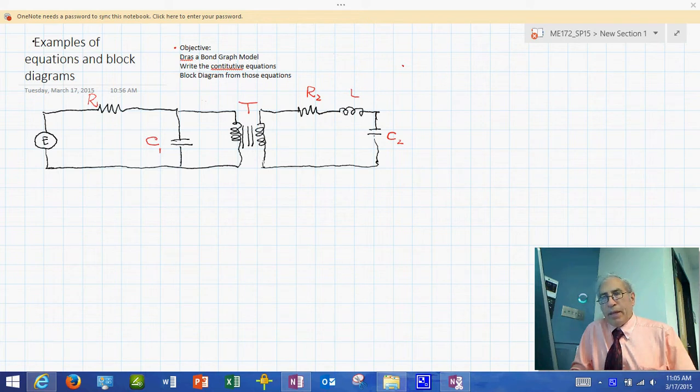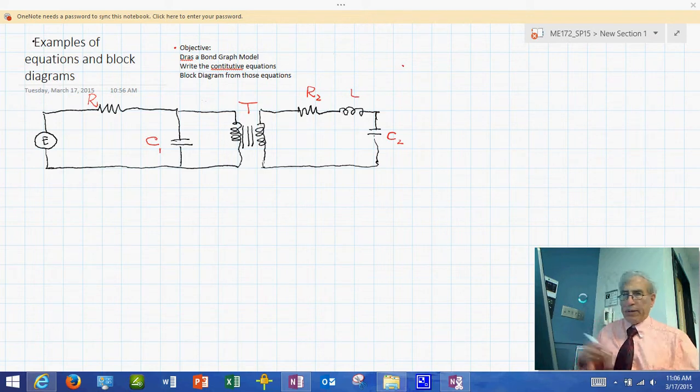So let's follow the steps that we have for modeling systems of electrical nature, electrical circuits, step by step, and generate the bond graph first, then write the equations, and then we'll do the block diagram.